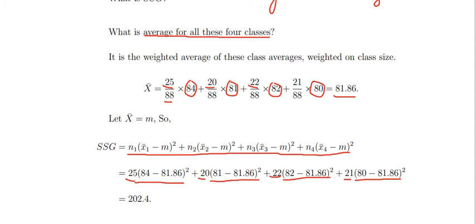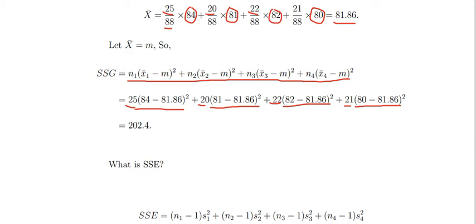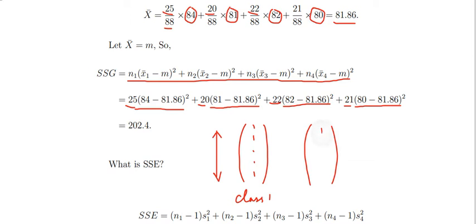So what is SSE? We say SSE is in this direction. So for class 1, we have this data, class 1, right? And then class 2, so we just check this direction.